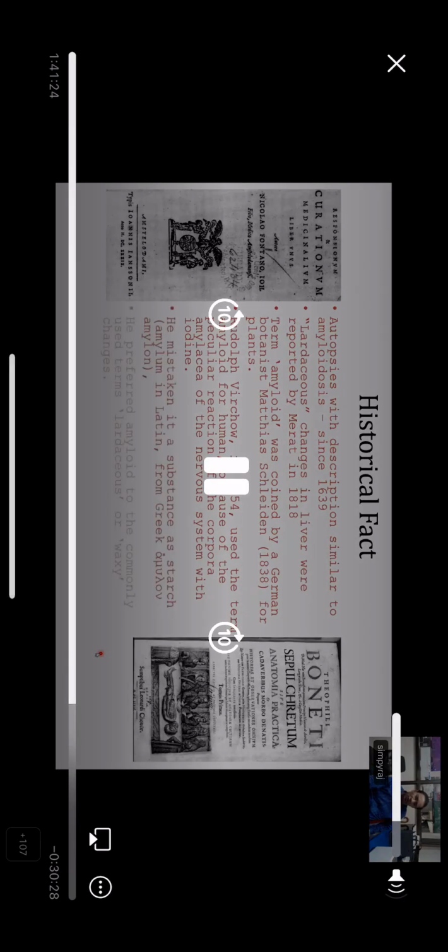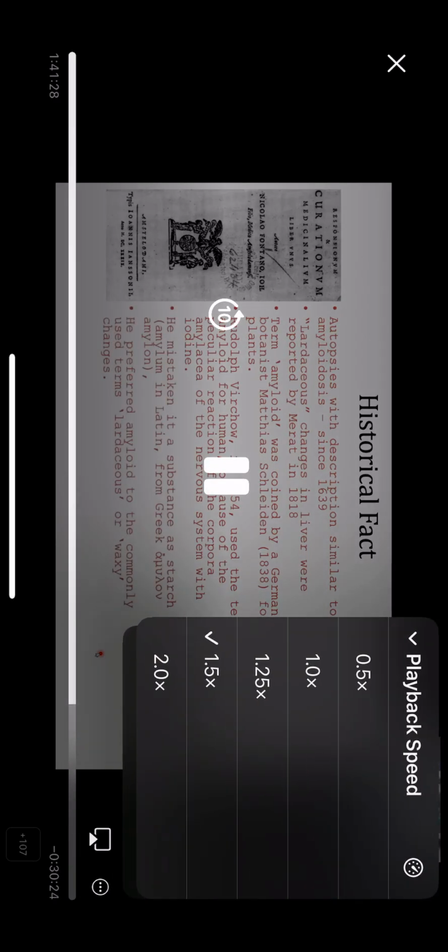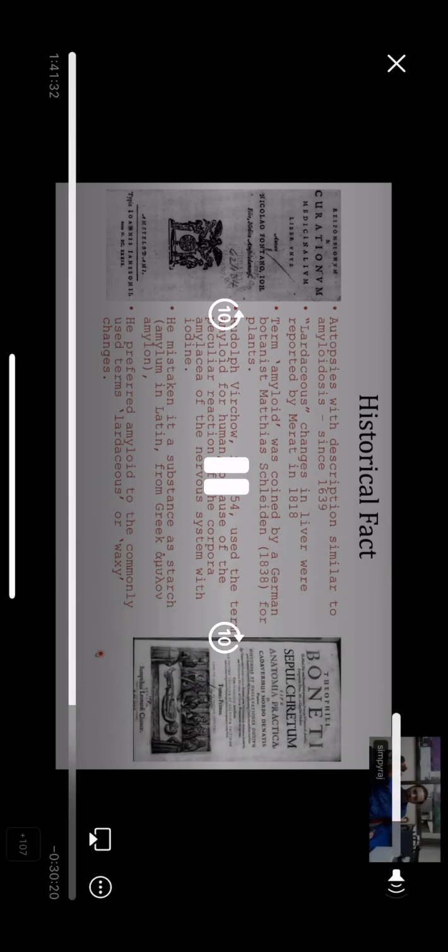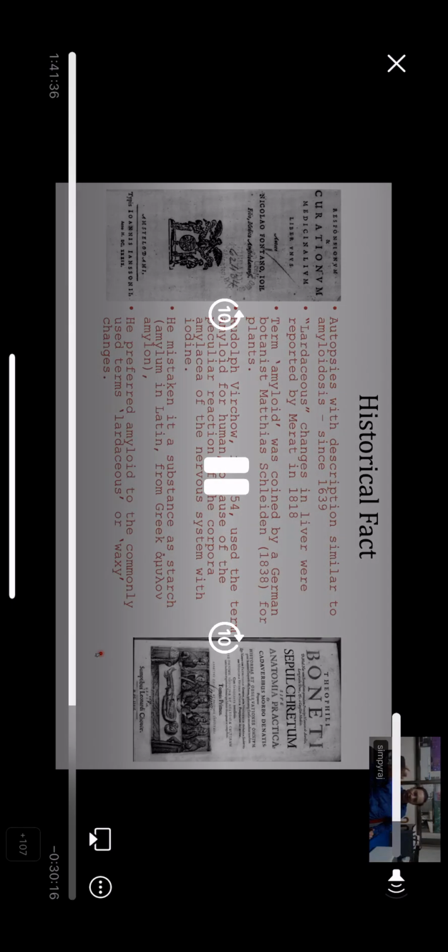He tried to stain a part of the brain, and it was giving similar kinds of results. But later on, he mistook the substance for starch and called it amyloid, from the Latin word amylum. So this lardaceous or waxy looking material was, by mistake, named with the word amylum, and since then the word amyloid has become very popular. So this is just a fact.